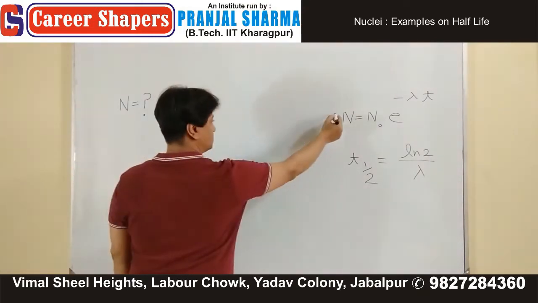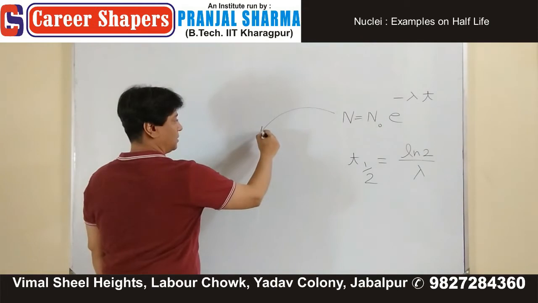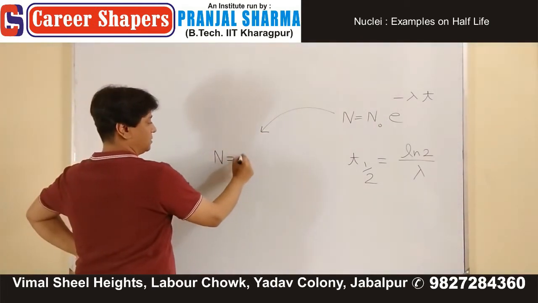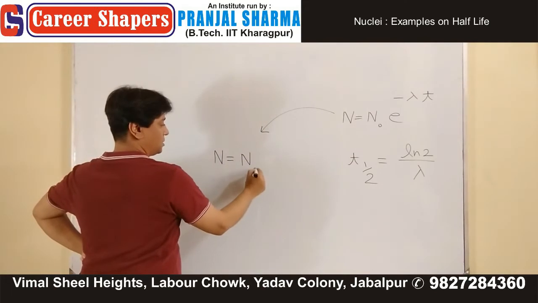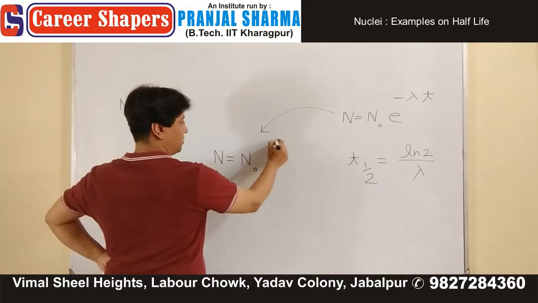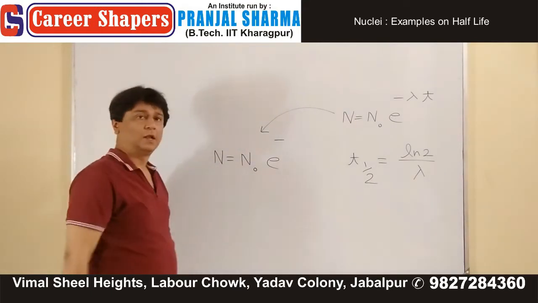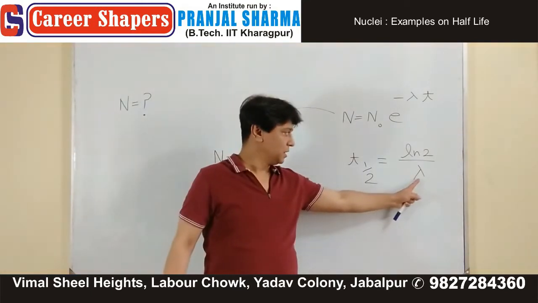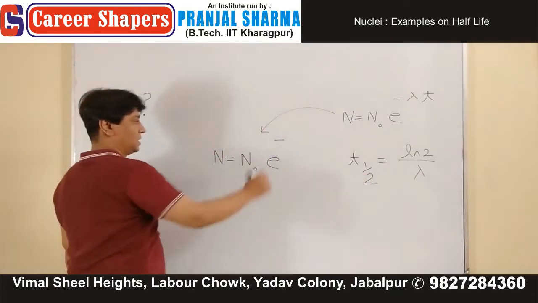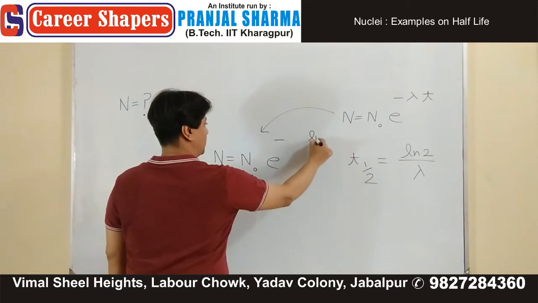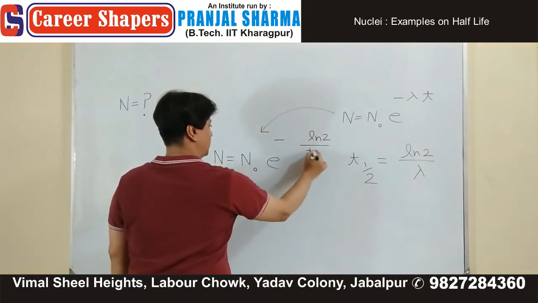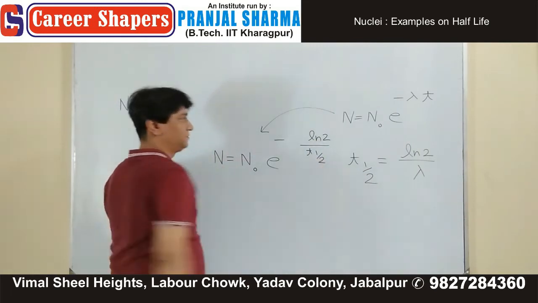Look at this. This is N naught e to the power minus of lambda. What is lambda? Lambda is ln2 divided by t half.